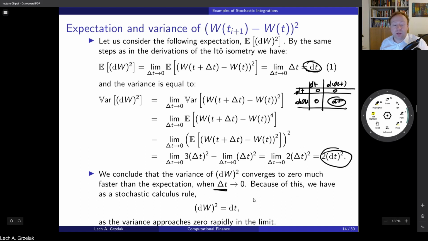This is because we essentially have this rule where dWt squared is equal to dt. This is a rather heuristic approach, without going into the theoretical proof, which is rather involved. But I think it gives you intuition why the variance goes to 0 much faster as we decrease the grid size.